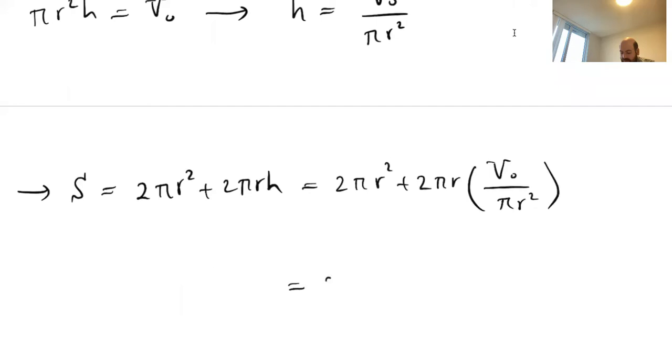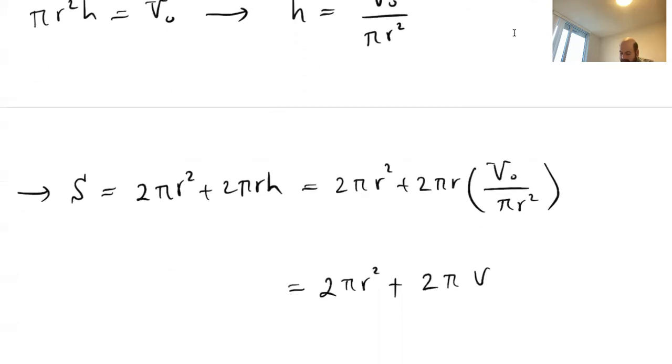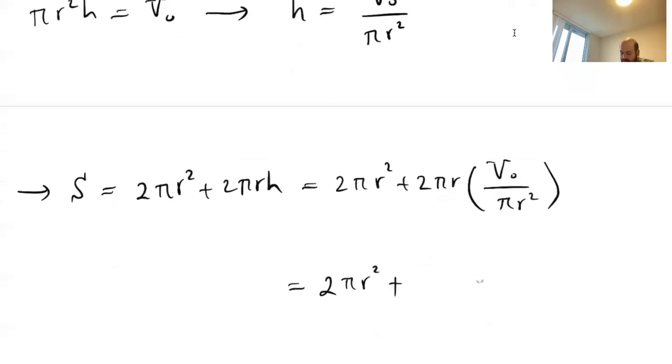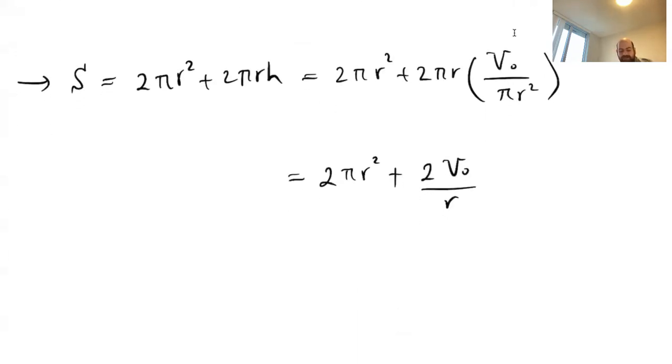And then this is 2 pi r squared plus 2 pi, pi cancels with pi, so this is going to be 2 V0 over r. This is the formula for S.